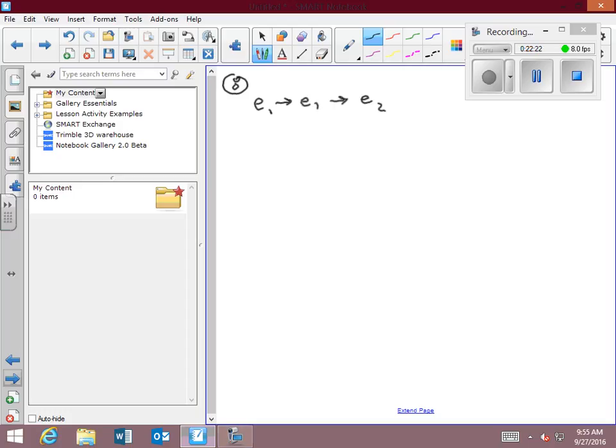So we can figure out what. Let's see. If you look back on page 74, it says that it reflects through the X1 axis.